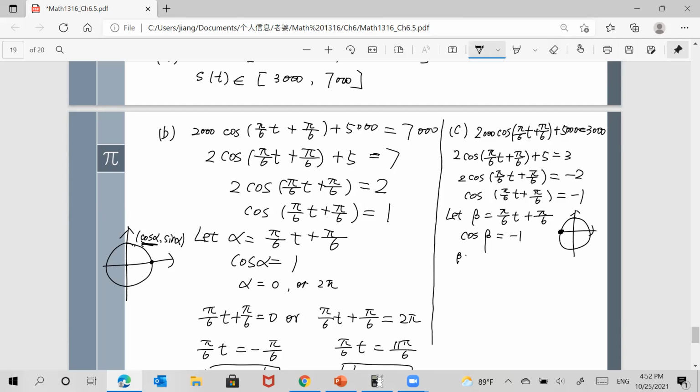So beta equals pi. So pi over 6t plus pi over 6 equals pi. And let's find t. So pi over 6t equals pi minus pi over 6, which is 5 pi over 6. And t equals 5.